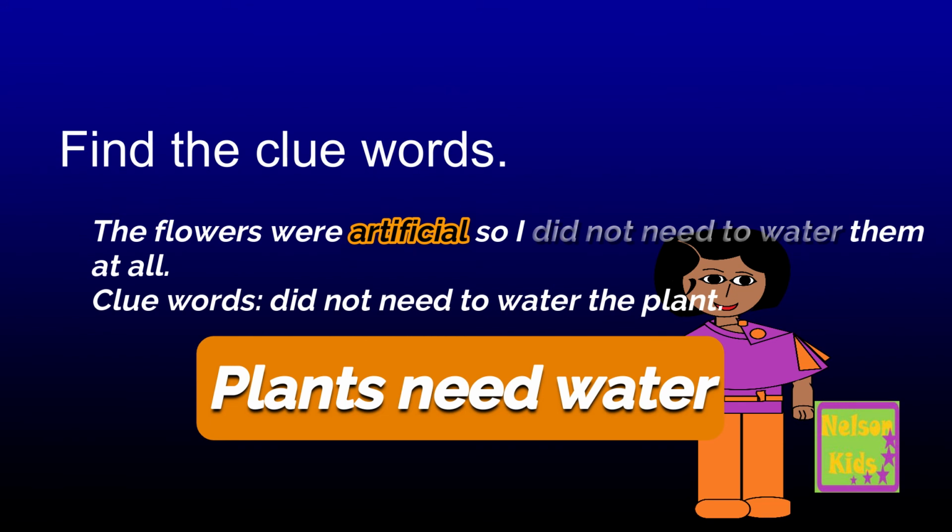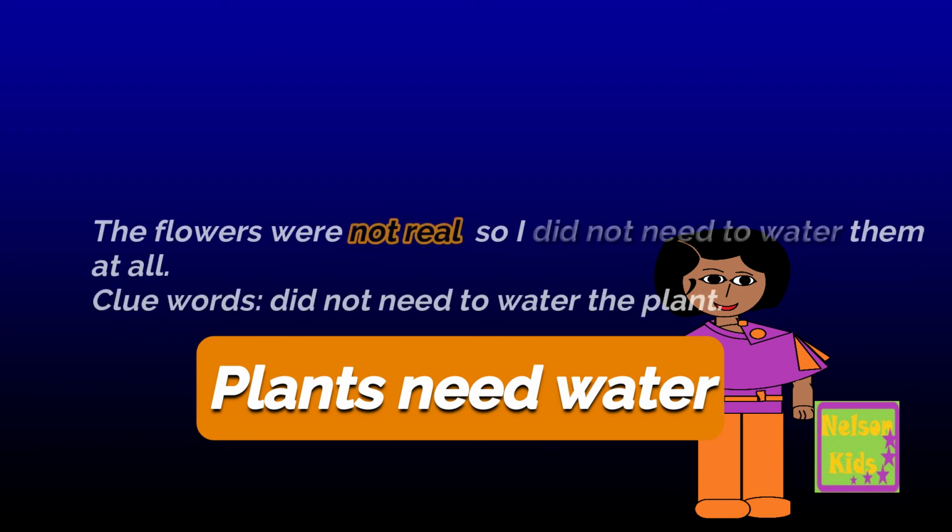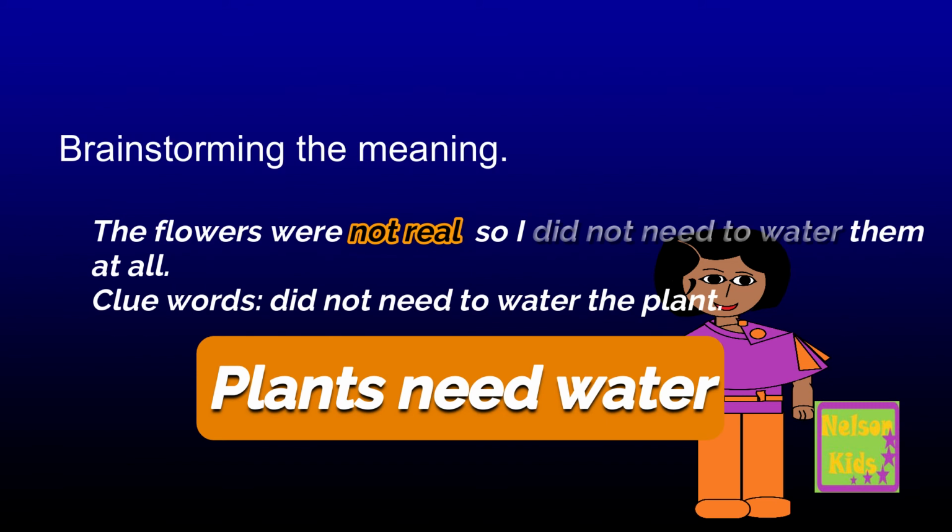What kind of plant do you not need to water at all? You do not need to water a plant that is not real. So artificial means not real. Let me see if I can read that back into the sentence. The flowers were not real, so I did not need to water them at all. Does that make sense? Of course it does.